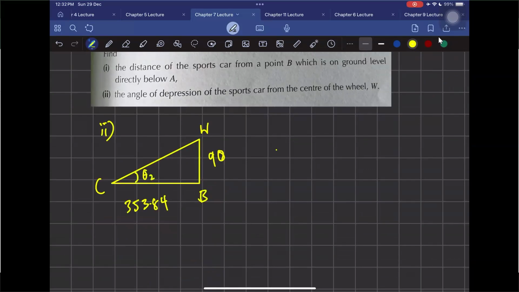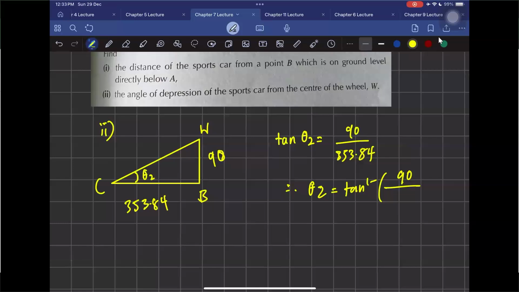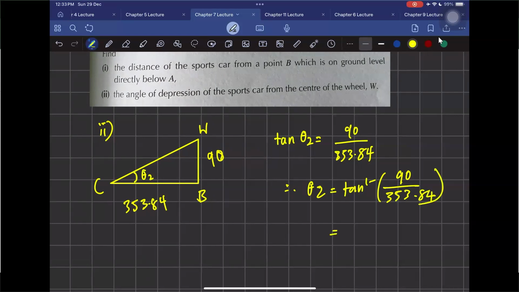So again, use tangent. Tangent theta equals 90 over 353.84. Therefore, theta, and your answer should be 14.3 degrees, 3SF.